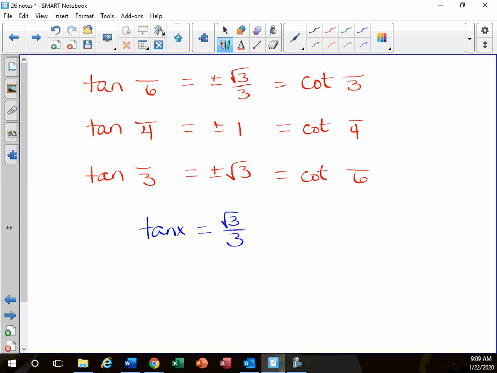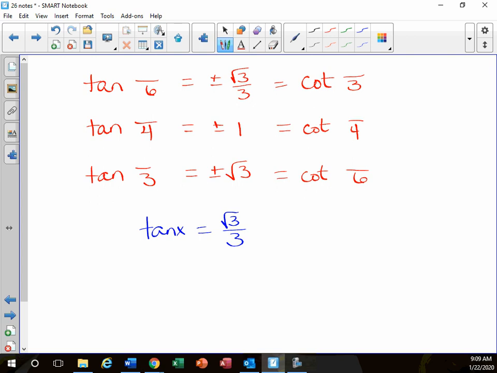Since it was tangent, I know it's something over 6. Then you just have to think about, all right, it's positive, so is that pi over 6, 5 pi over 6, 7 pi over 6, or 11 pi over 6? Two of those are positive and two of those are negative, right? So first and third quadrant, so pi over 6 and 7 pi over 6. Does that make sense how to work backwards?